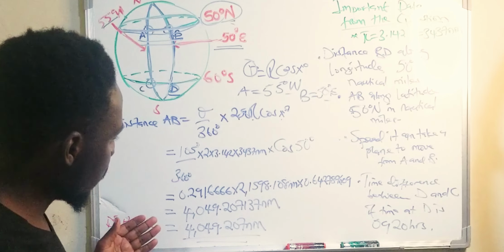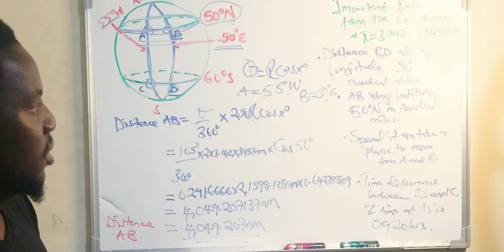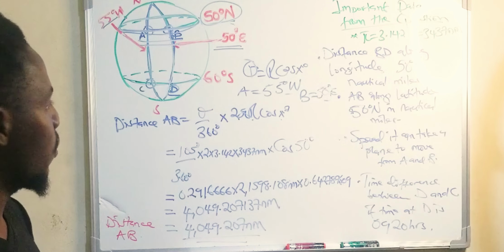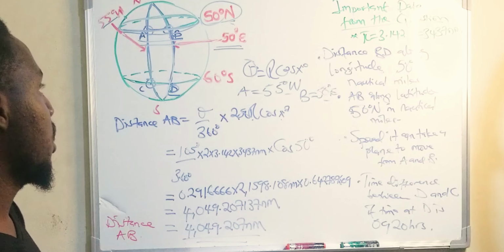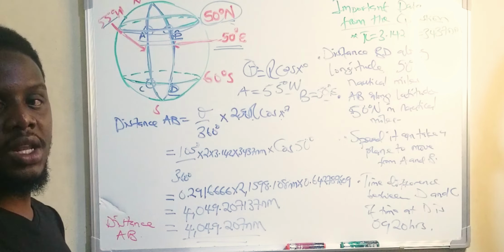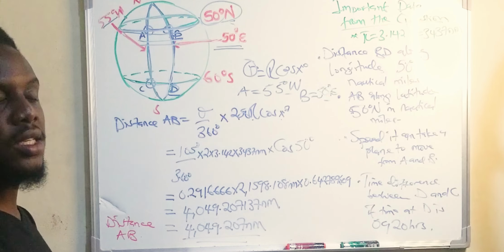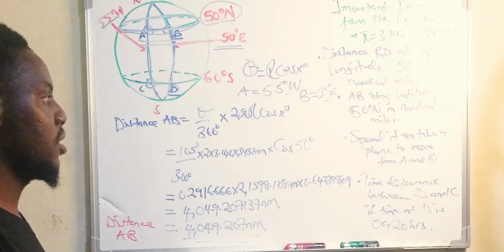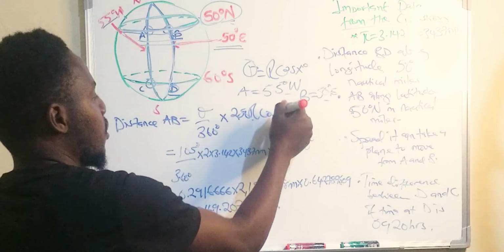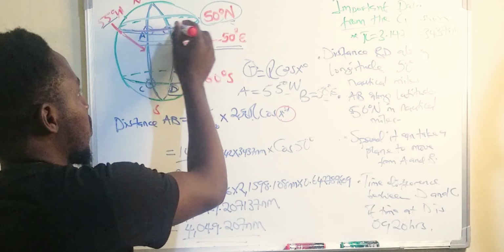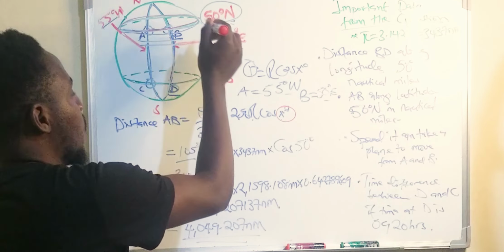Then, what you should remember when calculating a distance in latitude, I'll go through again. If those 2 points lie on the same latitude, definitely you're finding the distance in latitude. If they lie on the same longitude, you're finding the distance in that particular longitude. Then theta here is the difference in longitude, while cos x degrees is at that particular latitude where those 2 points lie.